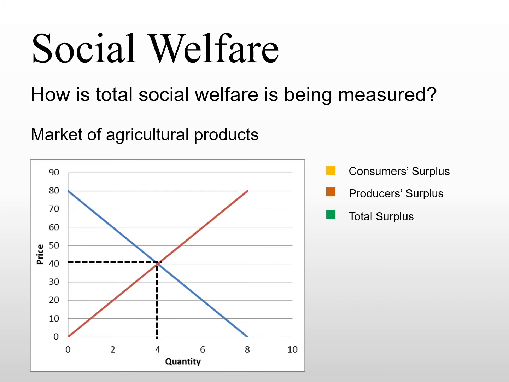So how are we going to capture all of this welfare? Well, conceptually, we can apply our supply-demand model to make these measurements a little bit easier on the graphical models.